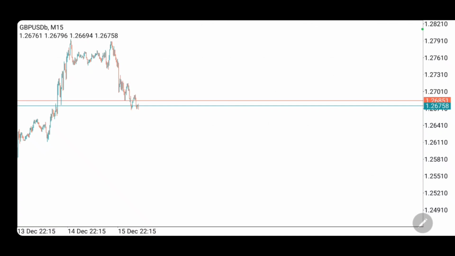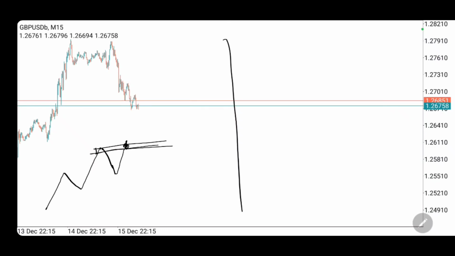A breaker block is a situation, and we're going to show you both a buy scenario and a sell scenario, whereby your order block fails. You see the market is in a bullish phase, and your order block failed. Sometimes price is supposed to come to this buy zone, or to this sell zone, to sell from it, so it's a failed order block.